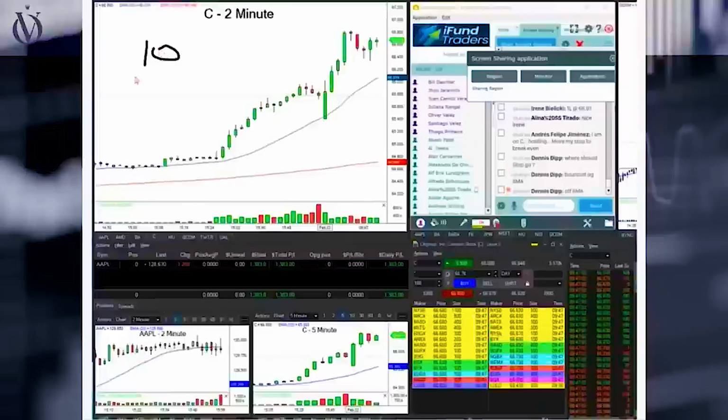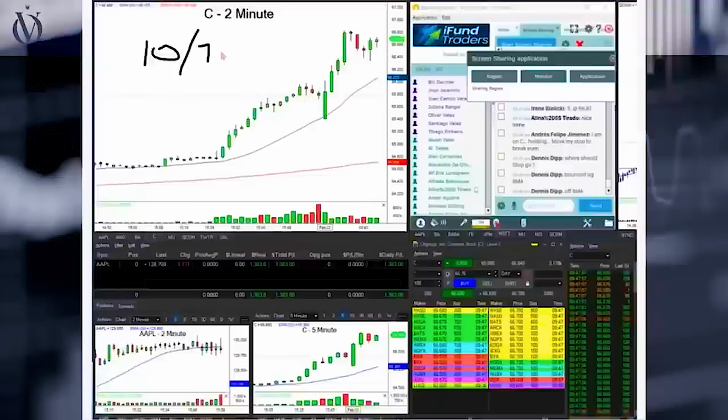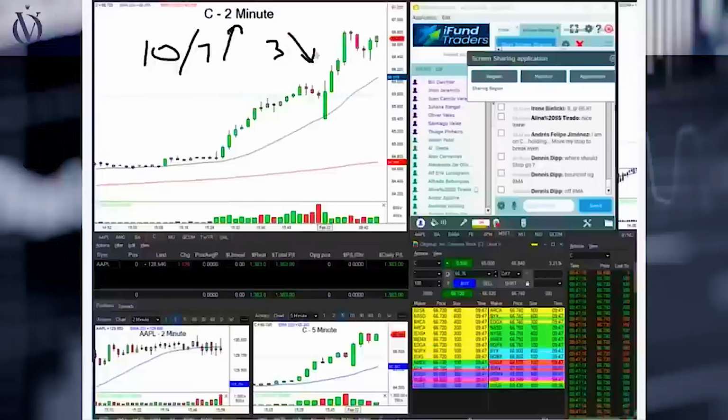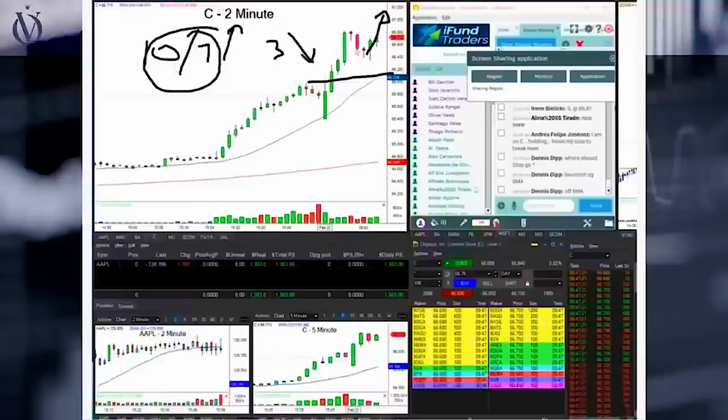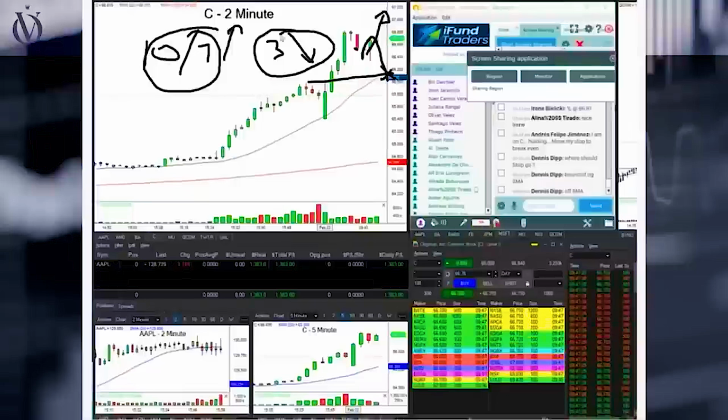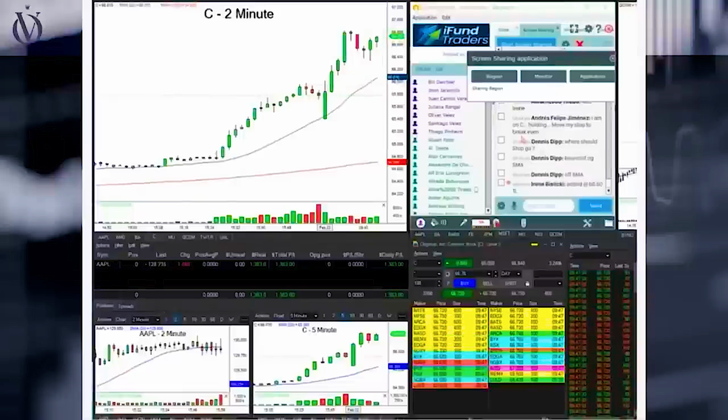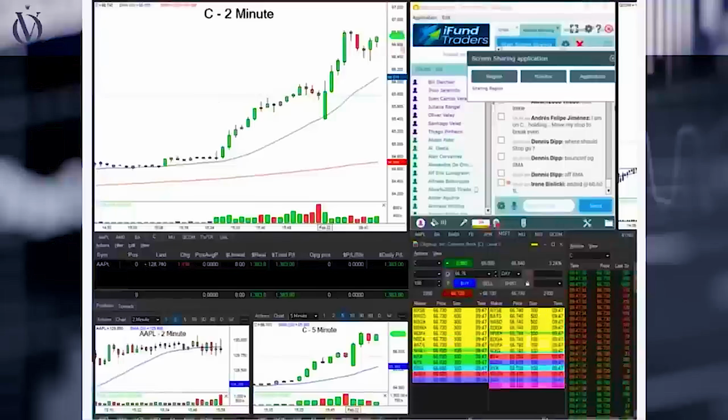And so out of 10 plays, maybe you get 7 that go and 3 that don't go. What I mean by that is this one looks like it's going, so that's going to be one of these. But if it fails and stops you out at break even, that's going to be one of these. And it just becomes a numbers game after that. All right? But great play. I like it.